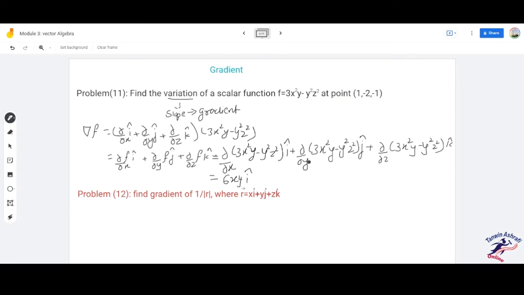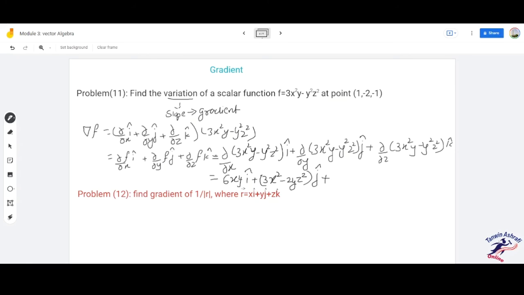Then if we take the derivative of this, 3x² is a constant quantity, so we get x². ∂y/∂y is 1, so that will be 1 minus 2y z², and that is in the j direction.